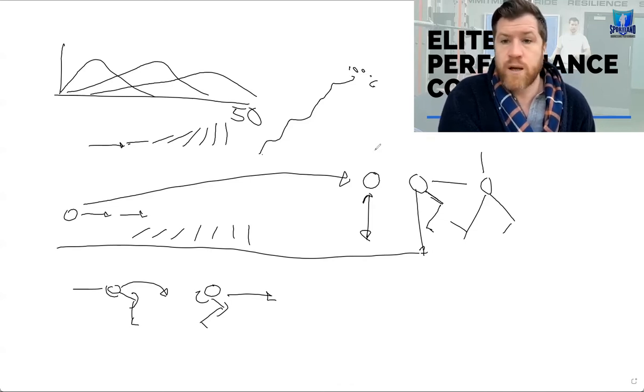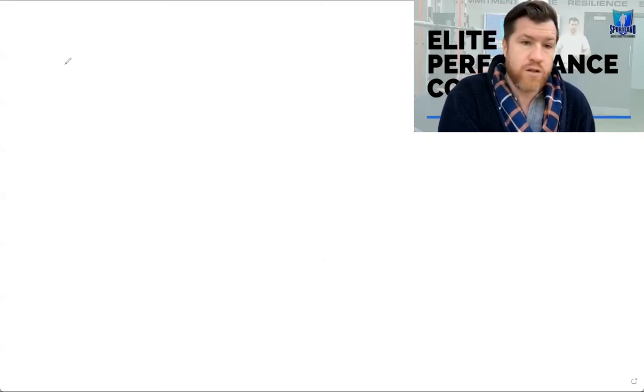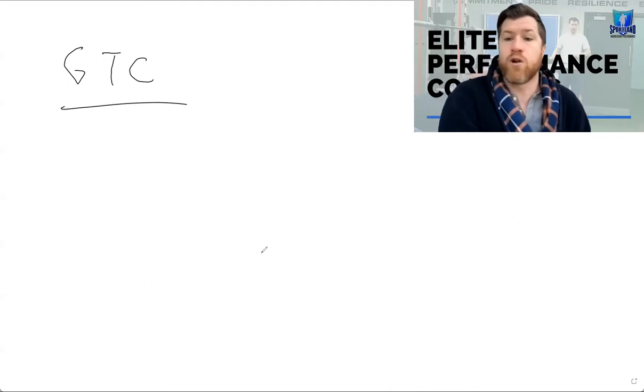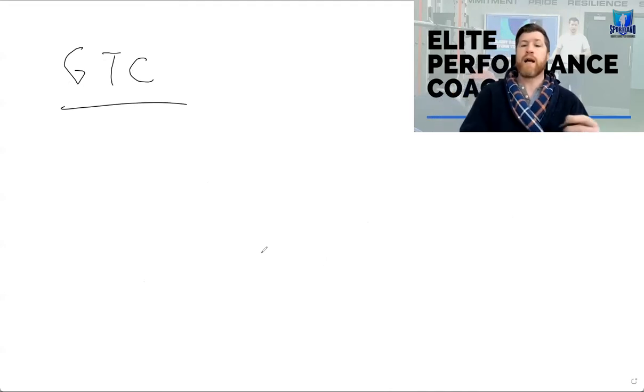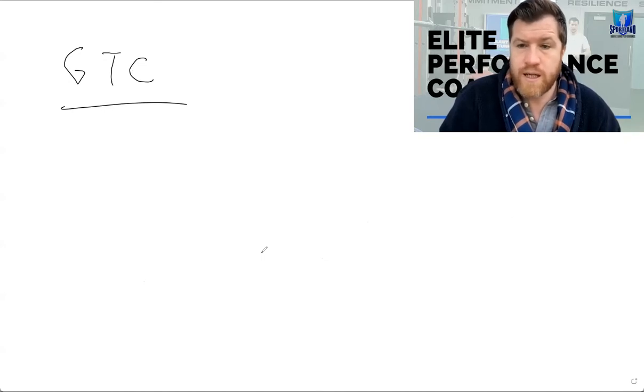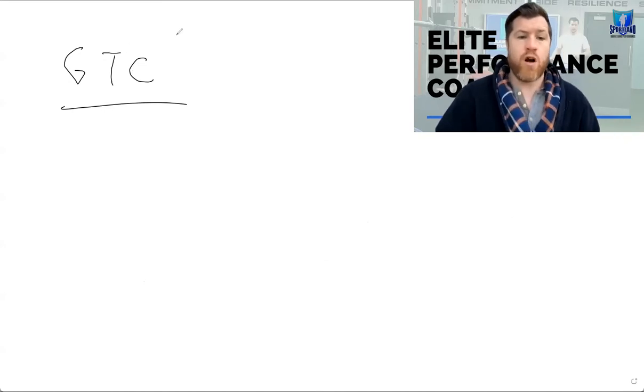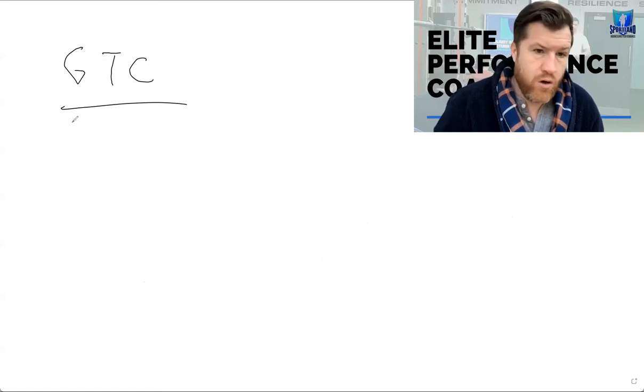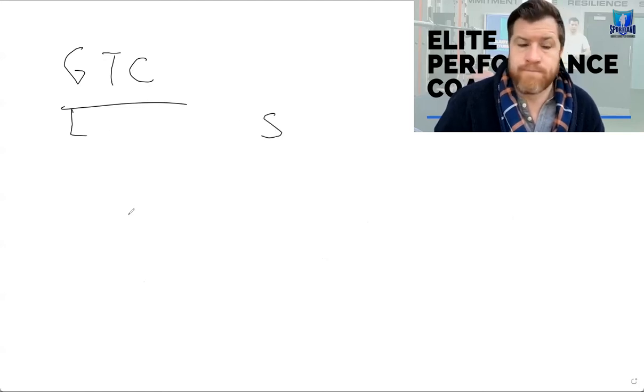So, the next KPI that I just want you to start to think about in early acceleration is ground contact time. Okay. Really, really simple, really easy to understand. All right. We've got our relationships. Okay. Long to short. Okay.